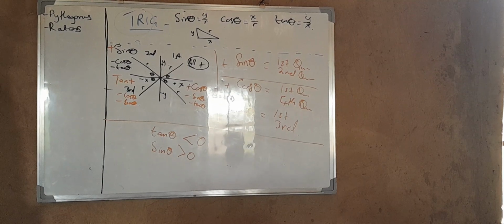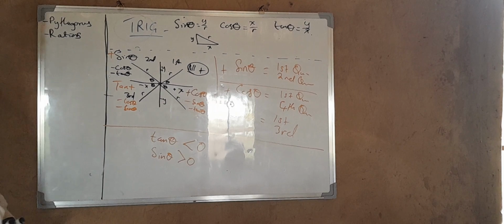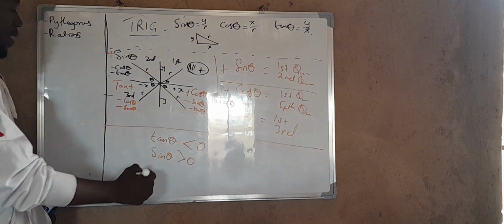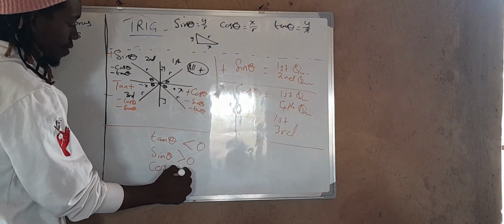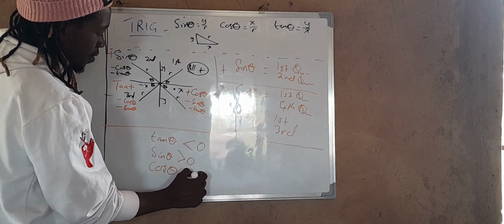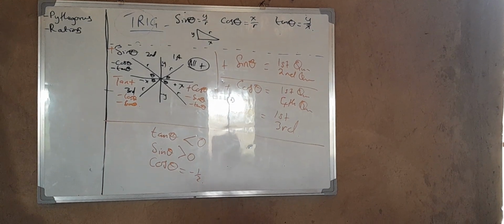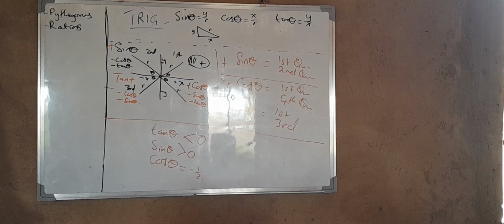It's positive, right? And where is it positive? First and second, right? And if I say, which quadrant am I talking about? Cos is negative. The second and the third.